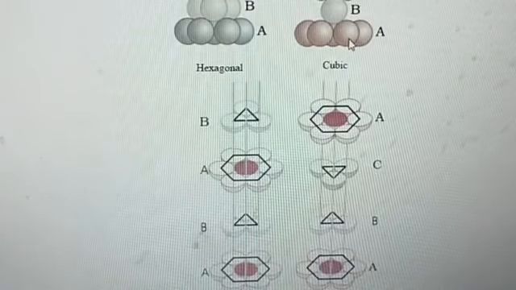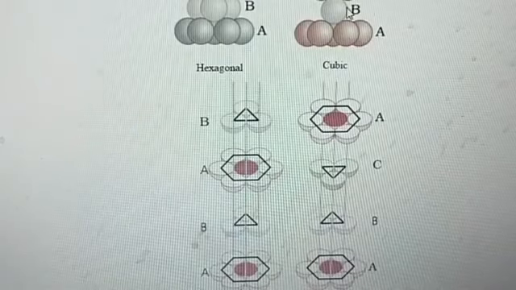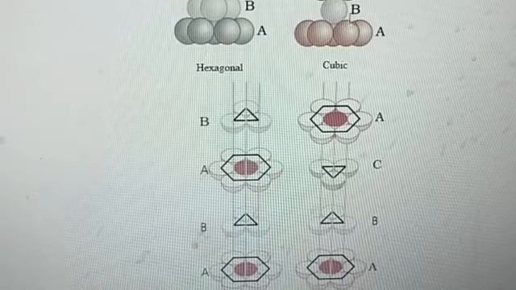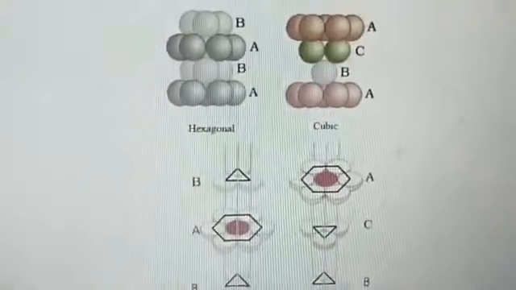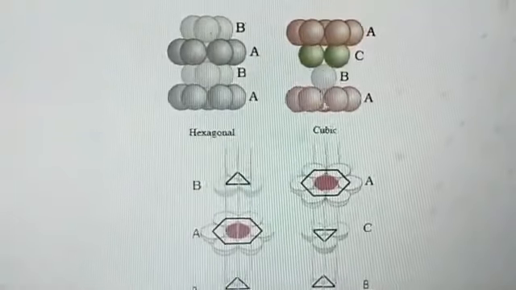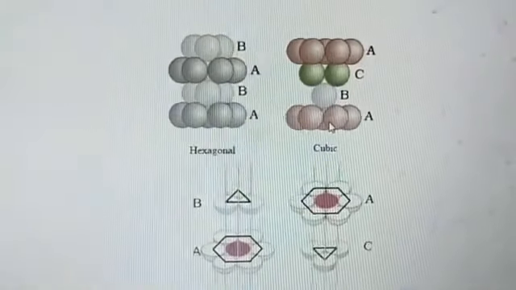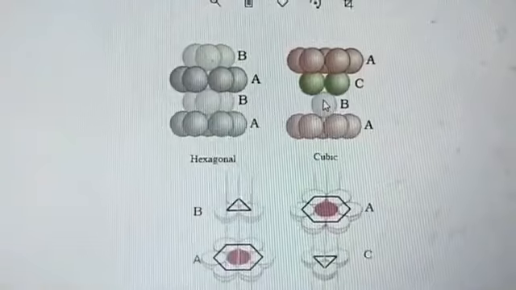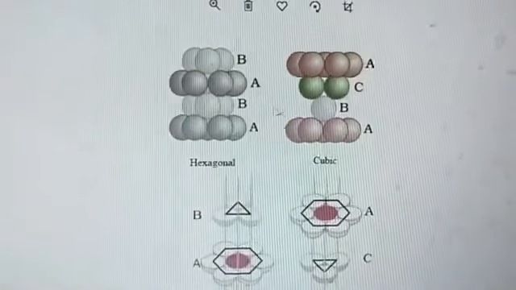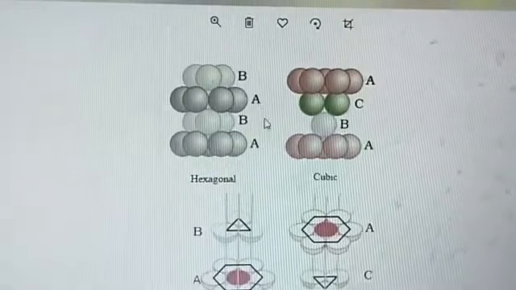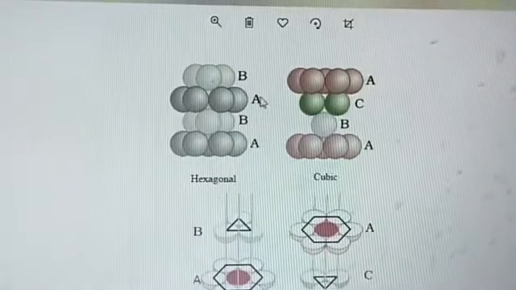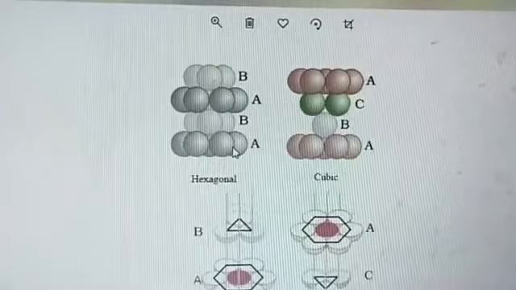Now see here, this is the first layer, this is the second layer and this is the third layer. When we see these three layers, the first layer is not exactly the same as the second, and the second is not exactly the same as the third. In the AB arrangement, the third layer is exactly the same as the first layer.